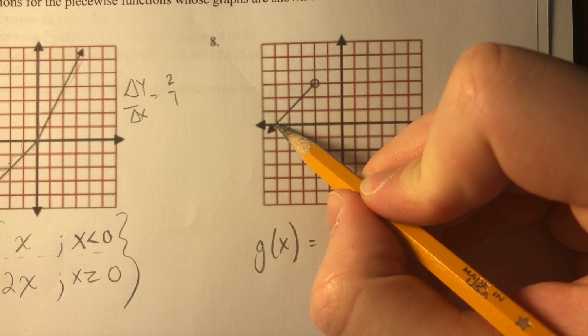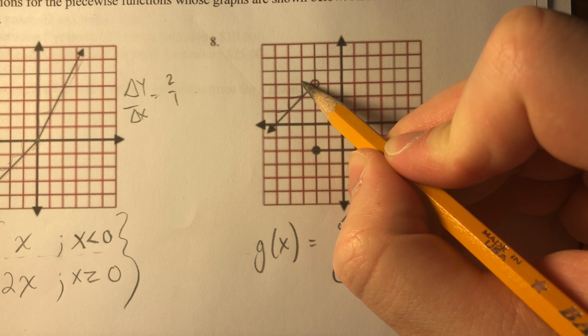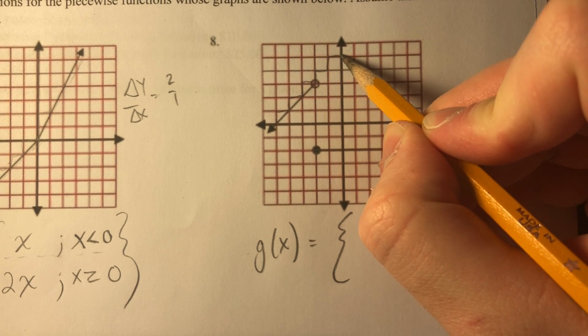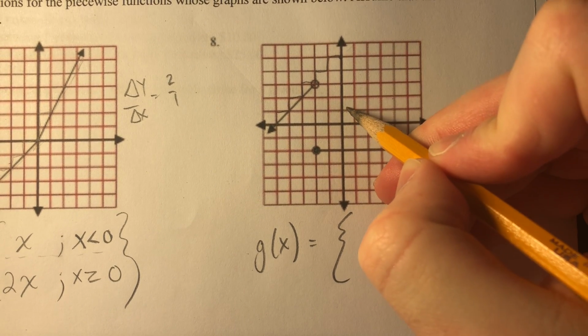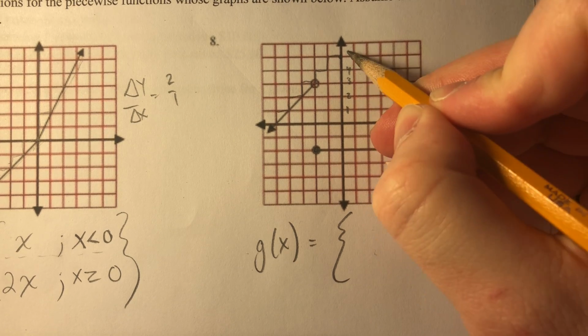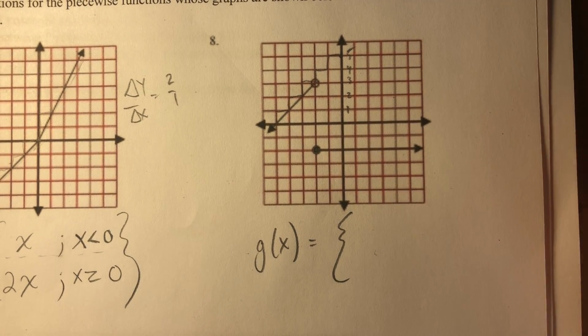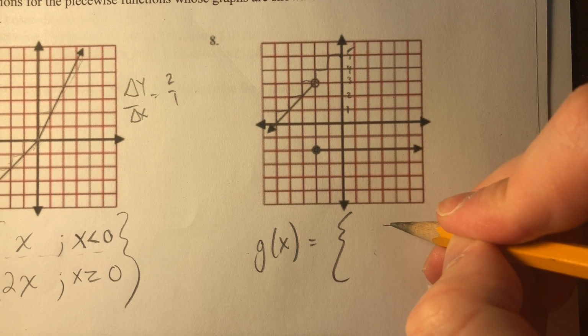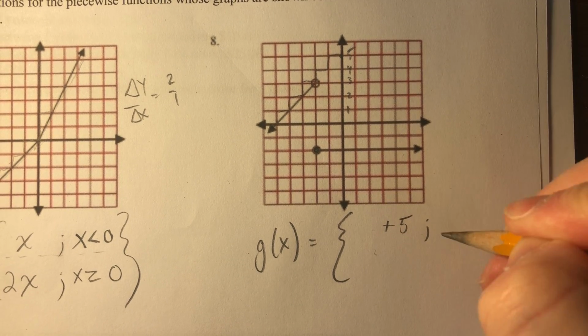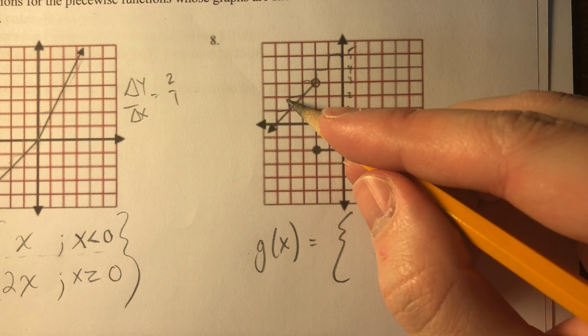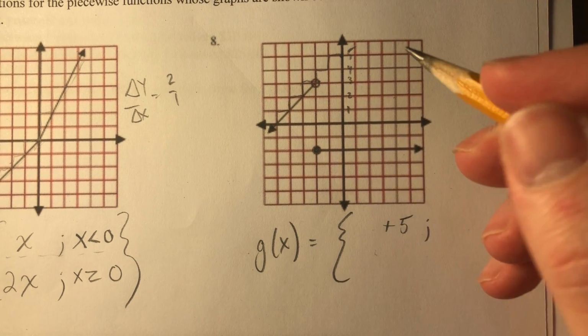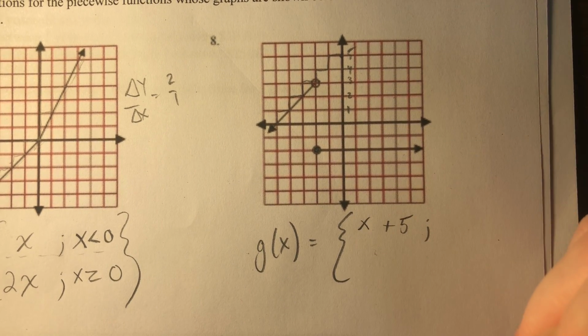I can see the slope, though, is up 1 over 1. So if I just follow this pattern, I actually can find the y-intercept, and I can see that's 1, 2, 3, 4. That's a y-intercept of 5. So I know whatever I put here, I'm going to have a plus 5 for my y-intercept. And like I said, the slope is up 1 over 1, aka 1, so just x plus 5.